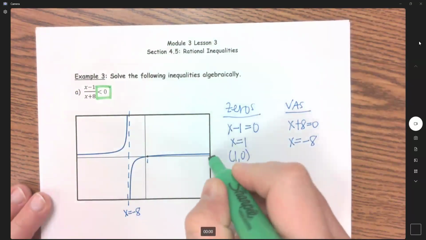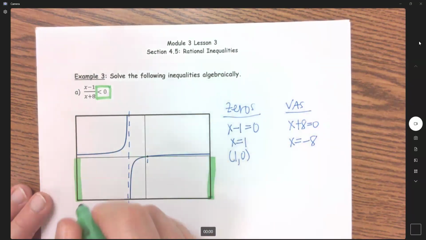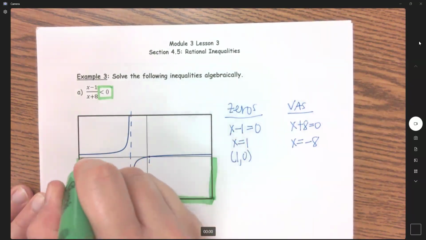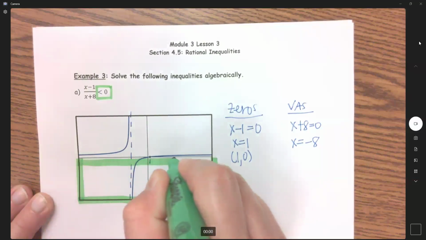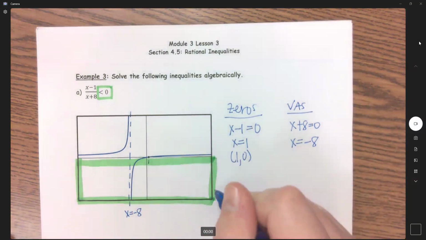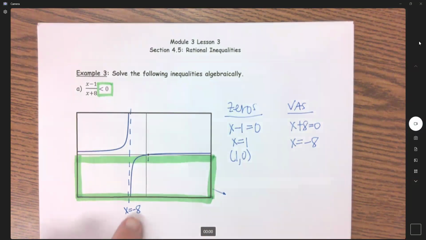So we are talking about all of that right there. So my answer then, I only have this one little spot that is below that x-axis that has a y value that is a negative. So we're going to go from -8 to 1.